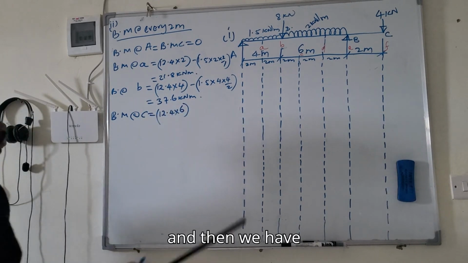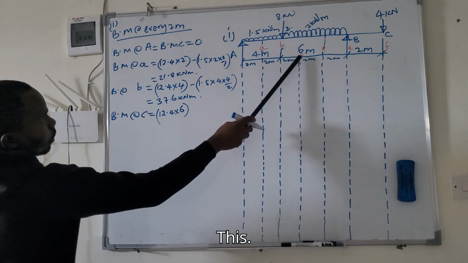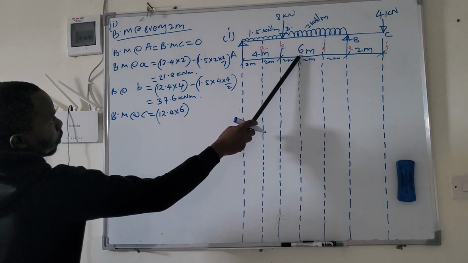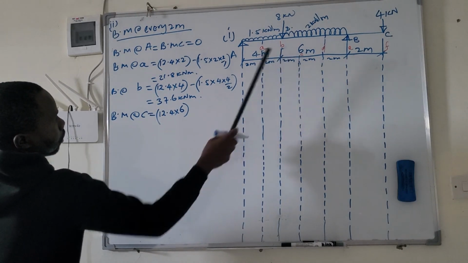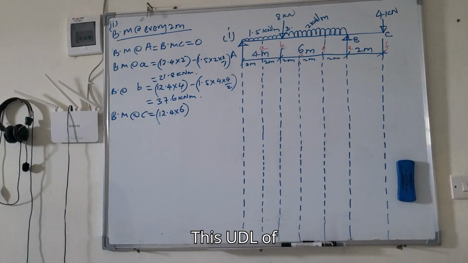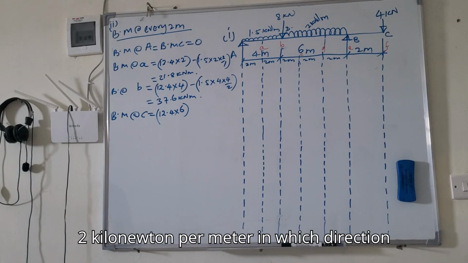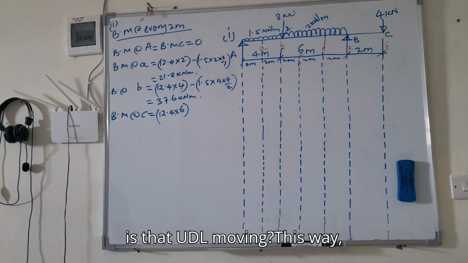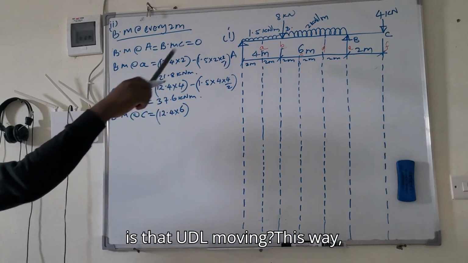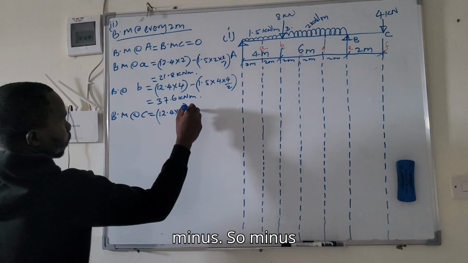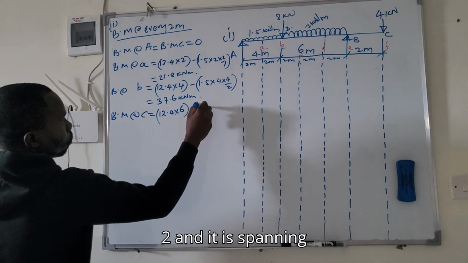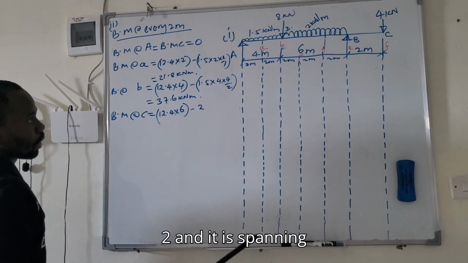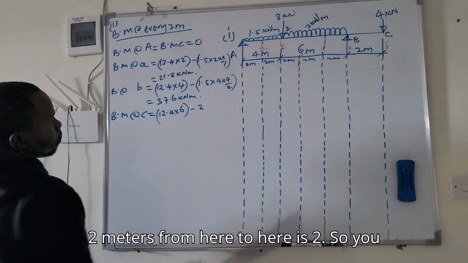And then we have this UDL of 2 kilonewton per meter. In which direction is that UDL moving? This way, minus. So minus 2, and it is spanning 2 meters from here to here is 2.